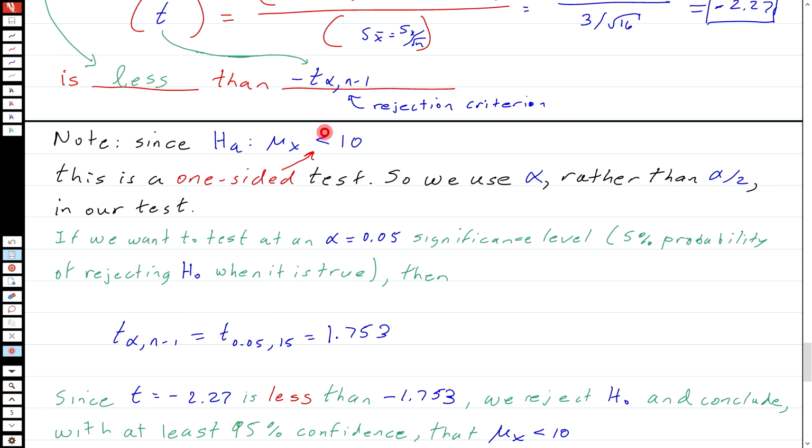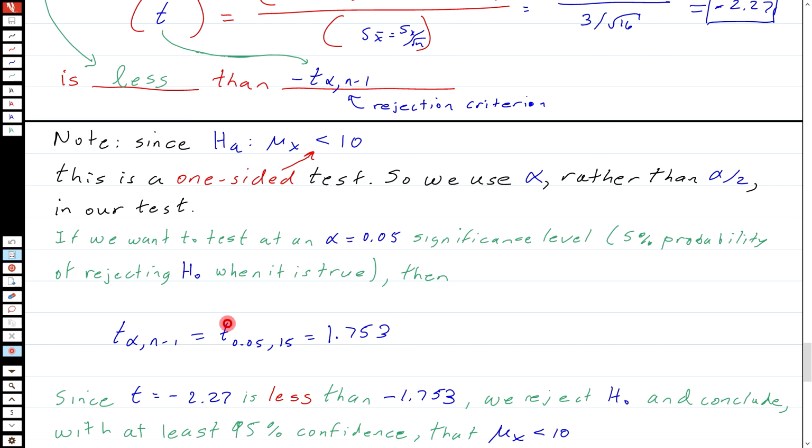Okay. If this had been not equal to, then we'd be testing if we're far enough away in either direction, in which case this would be alpha by 2 here, not alpha. Okay, so if you wanted to test this particular problem at alpha equals 0.05, so this is a 95% confidence level, this gives us a 5% probability of rejecting H naught when it is true.